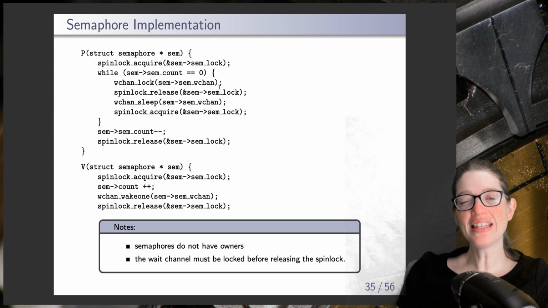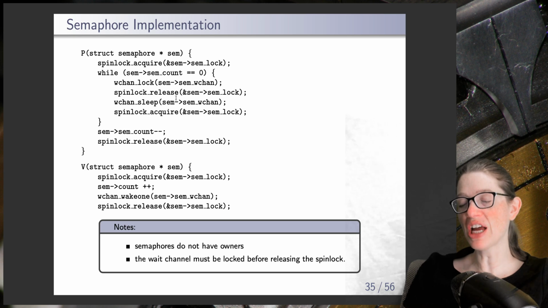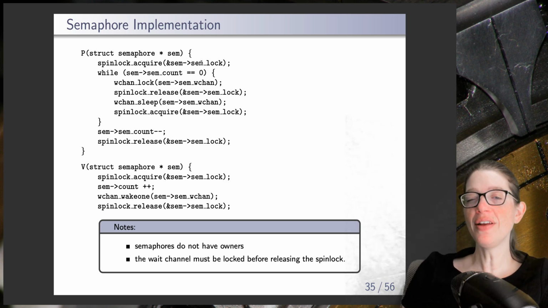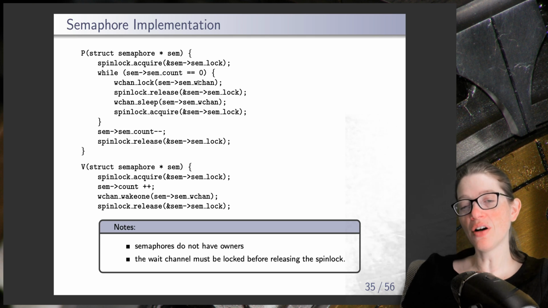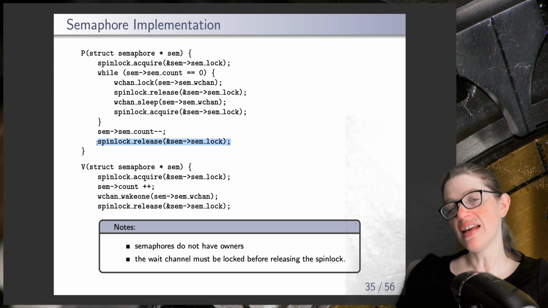We release the spin lock, we sleep, and then when we wake back up, we reacquire the spin lock so we can do the check again. Once we are awake, and we know that the Semaphore count is greater than 0, we can decrement the Semaphore's counter in order to indicate that we've taken an object. And then we release the spin lock because we are now done manipulating the Semaphore's resource counter.